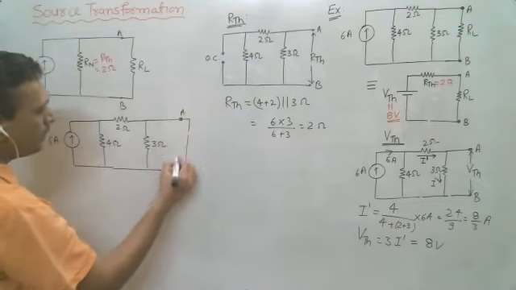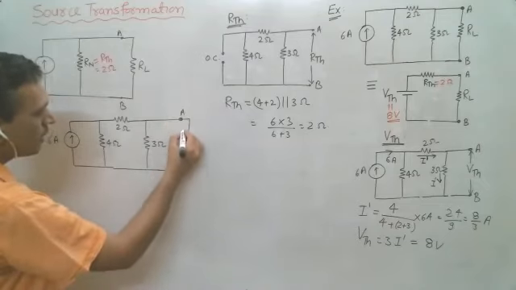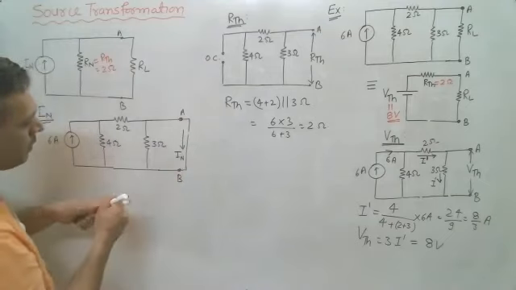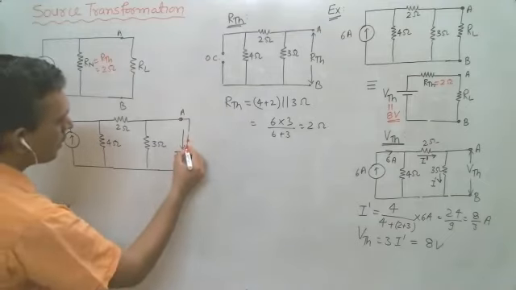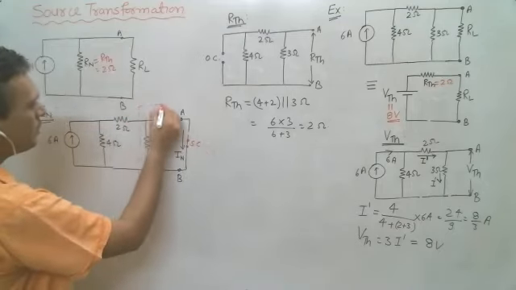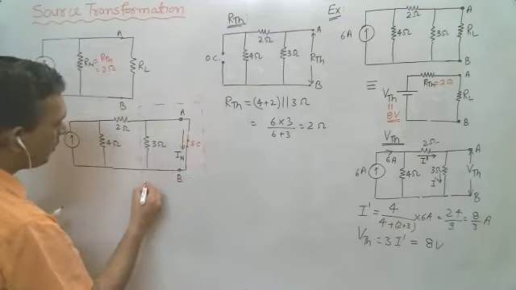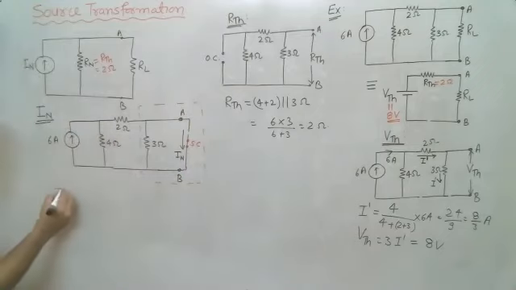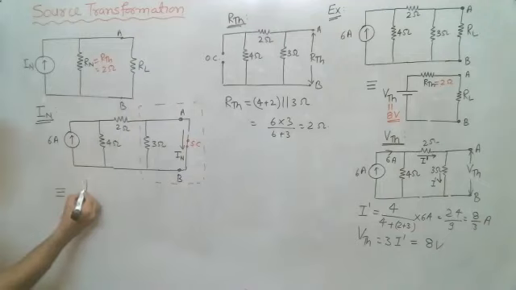This current is IN. Again you can see this equivalent will be 0. Equivalent of these two will be 0. So its further equivalent will be 6 ampere.